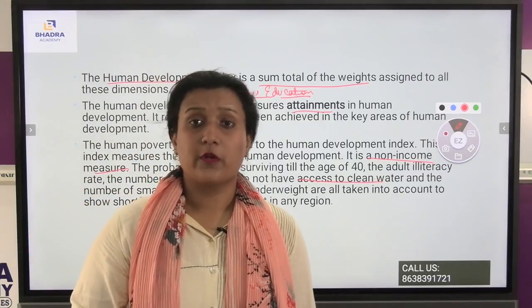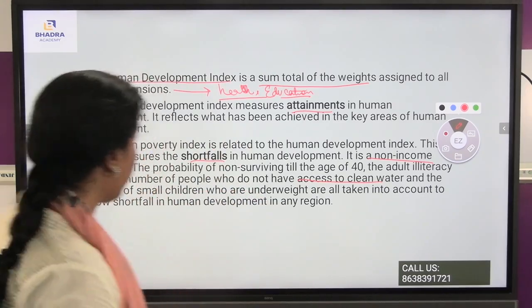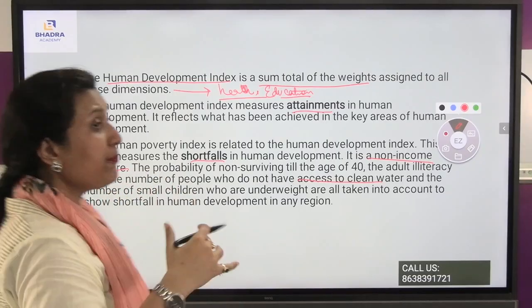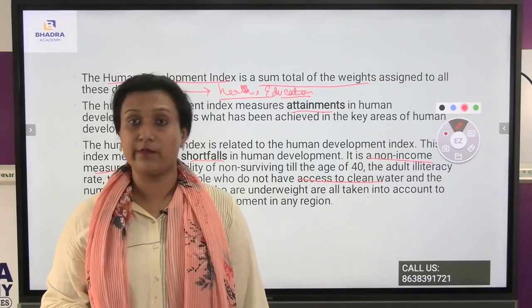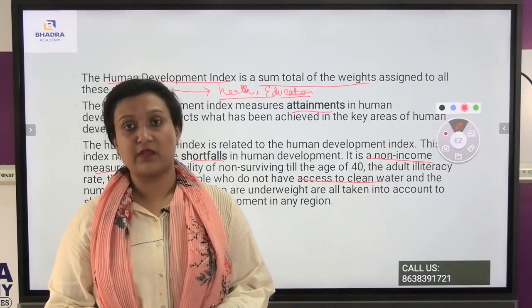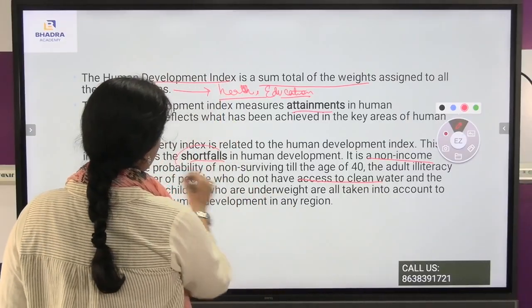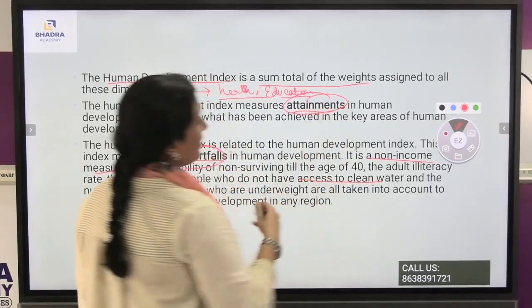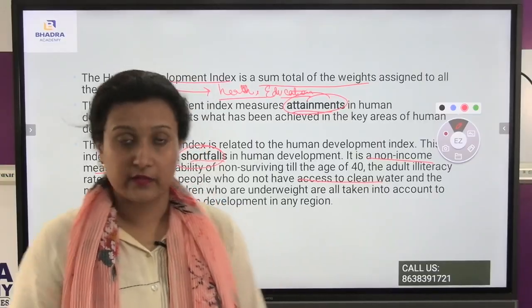So this is also one of the elements that we study in the shortfalls of the Human Development Index. So these are all kept into account when we study the shortfalls. First comes the attainments, and then comes the shortfalls. These both terms are important to understand the Human Development Index.